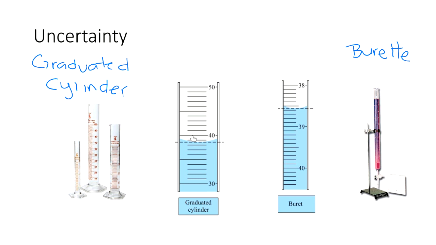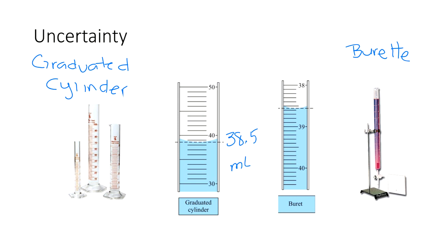In this case my line is at 35, 36, 37, 38 point, let's say 5. I don't know what you think, but let's say this is 38.5 milliliters. So the scale gave me this 38.